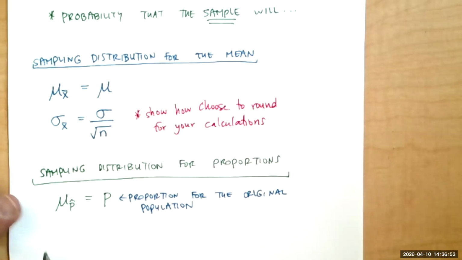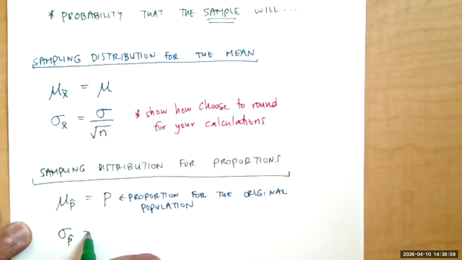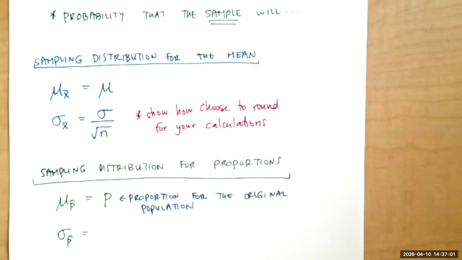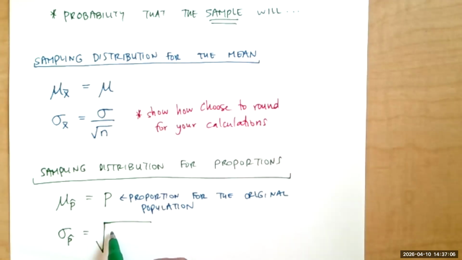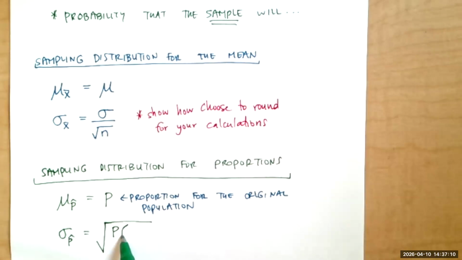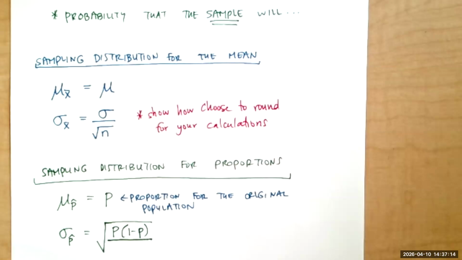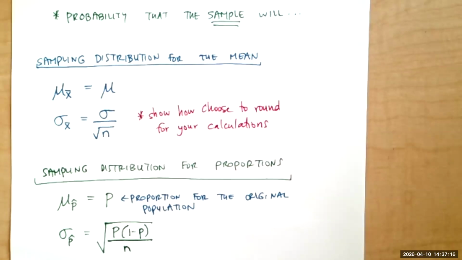Our standard deviation for our sample proportions is the square root of p, our population proportion, times its complement, 1 minus p, all of that divided by n inside the square root.